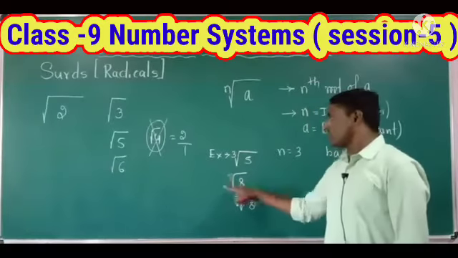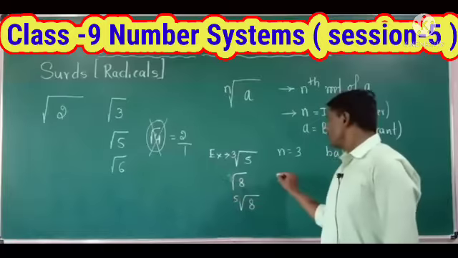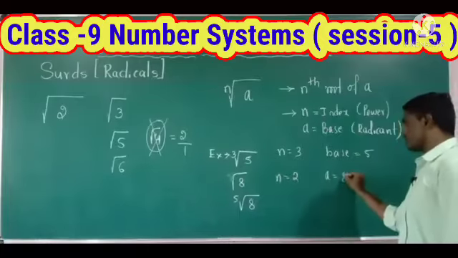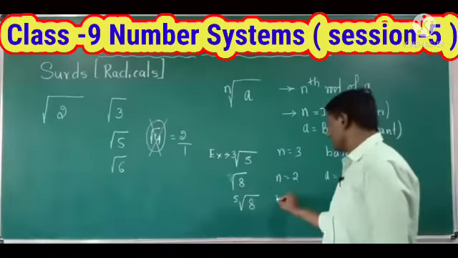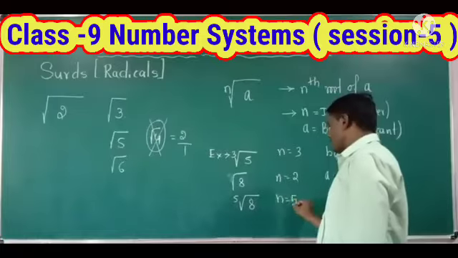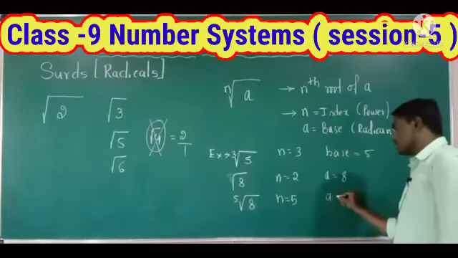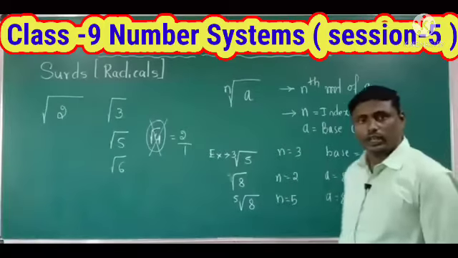Here the power of the radical is 2, n is equal to 2, and the base, that is a, is equal to 8. Next one, n is equal to 5 because the power of the radical is 5, and a is equal to 8.